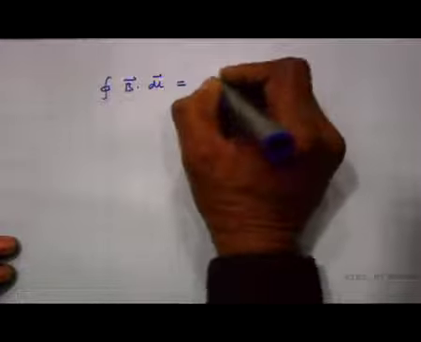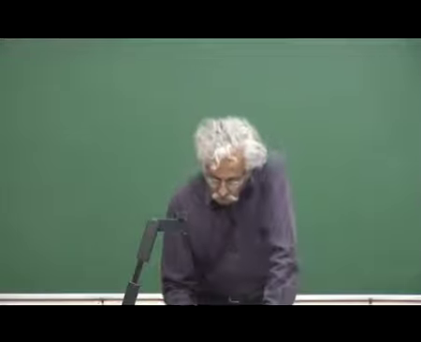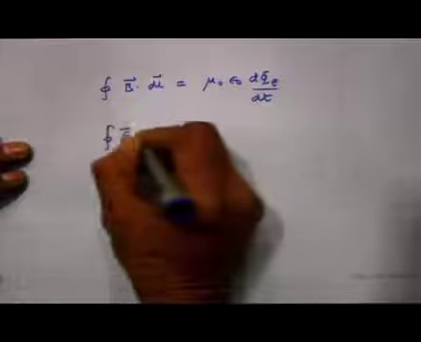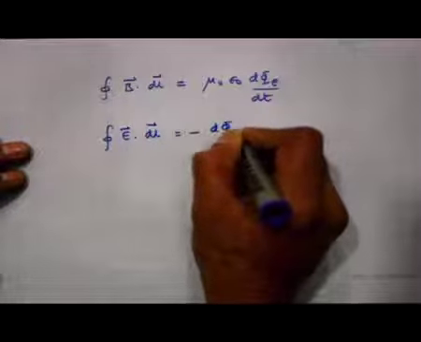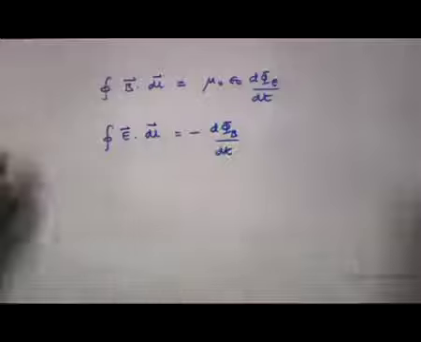That is the displacement current, and I am assuming that I am taking a region where there is no conduction current. Look at the other equation, integral E dot dl equals minus d phi B by dt. This is Faraday's law.